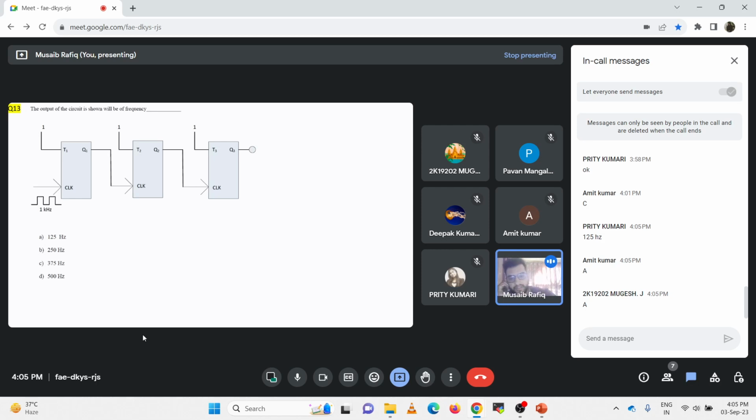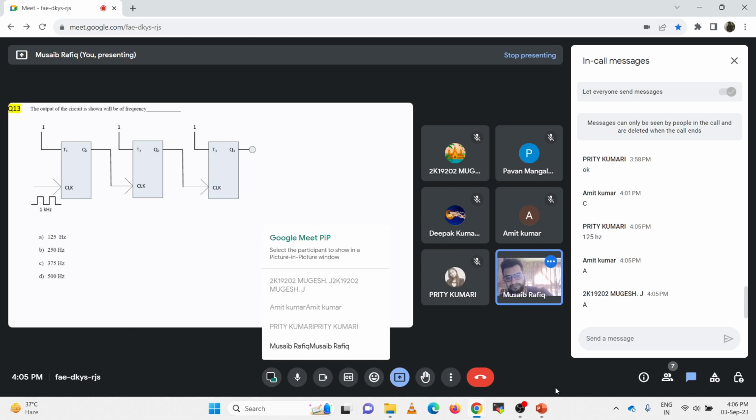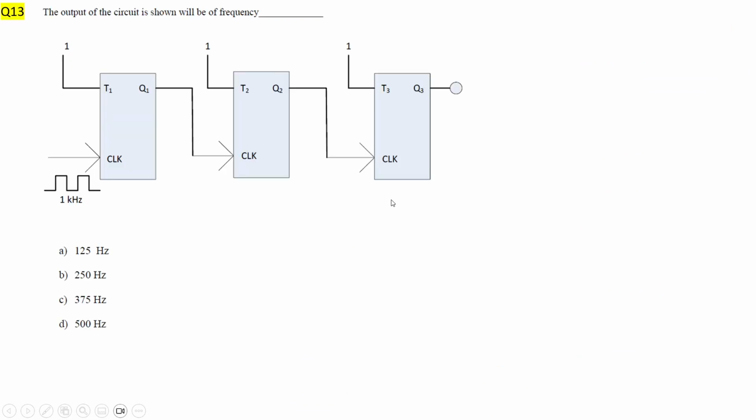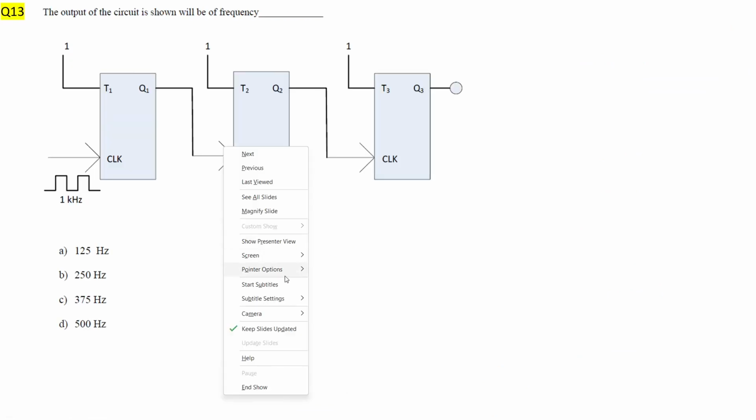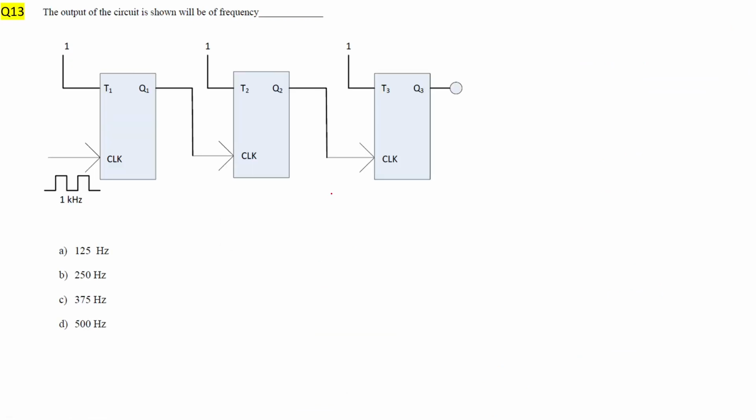Yeah, some of you have done it and done it correctly. So in these types of questions, the output clock frequency, that is F out, will be equal to F in divided by 2 raised to power n, where n is the number of flip-flops in the cascaded configuration.